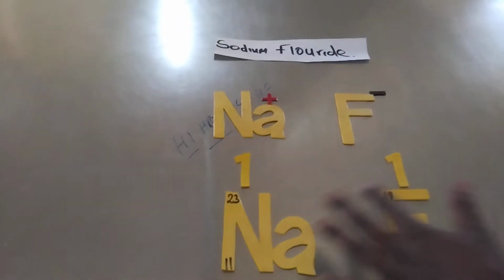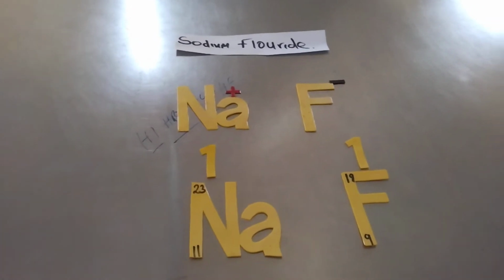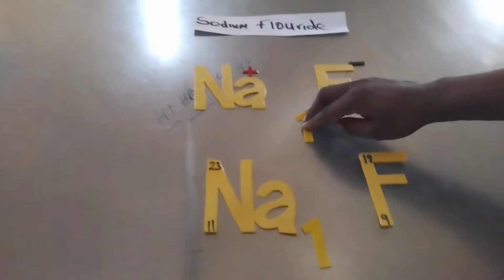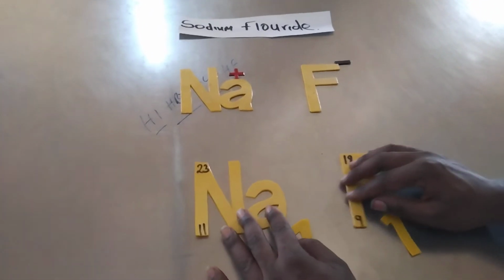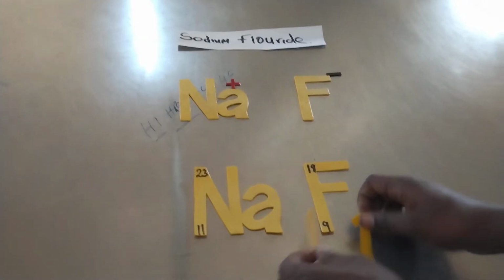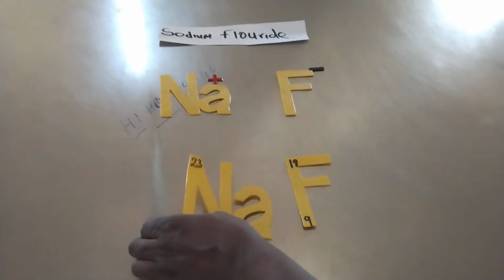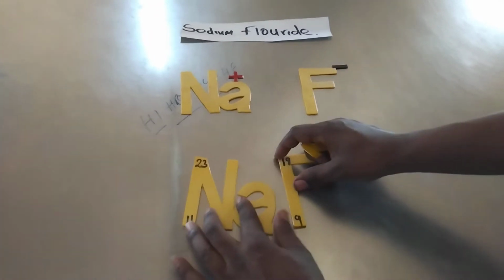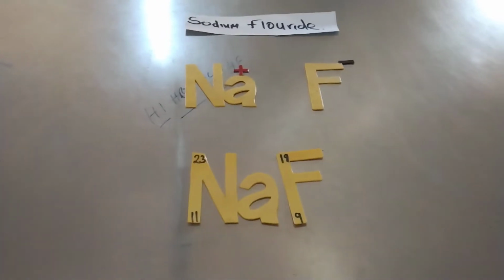So to get the formula of this compound, we swap the 1s. The formula becomes 1 sodium and 1 fluorine. In this case we don't put the 1s because it is obvious, common sense, that this is 1 and this one is 1 also. So the formula becomes NaF, sodium fluoride.